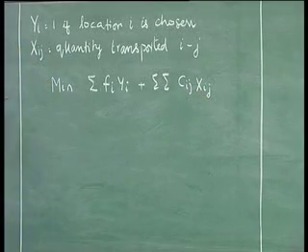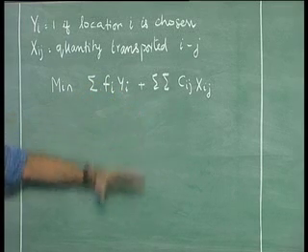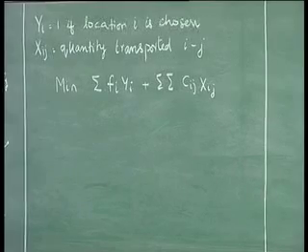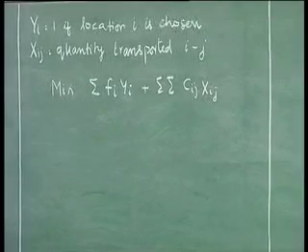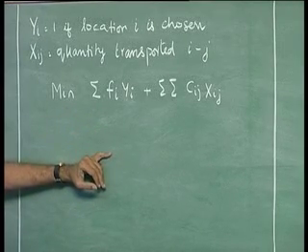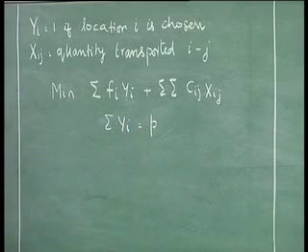Now, right here, if there is an absolute connectivity, every one of the j's is connected to all the i's, a complete connectivity between i and j, then you may formulate this problem for a fixed number. For example, you may say sigma yi equal to p, which implies that I want my factories to be located in exactly p out of the m possible locations. You could have that.